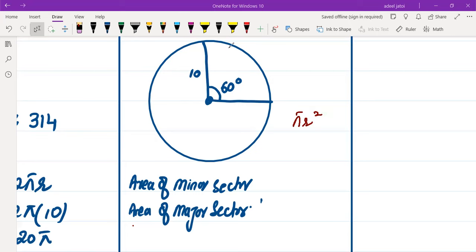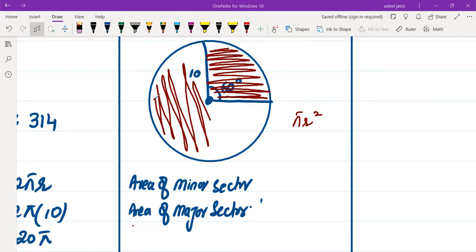But your sector will have an area which is less than the circle area. Automatically, your major sector will also have an area which is less than the circle area. But how do we find the area of the sectors? That will be through the ratio method, the ratio technique.